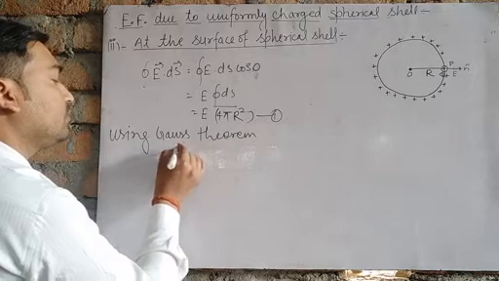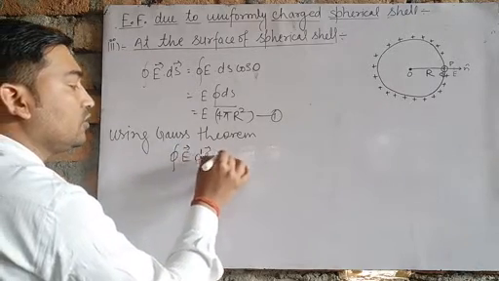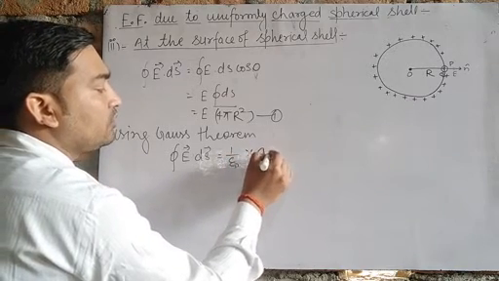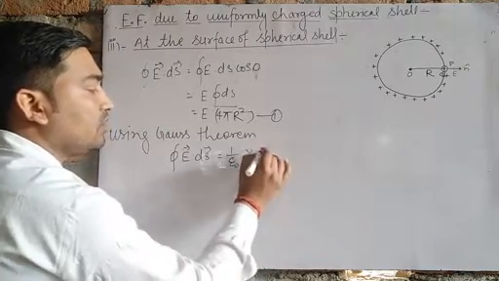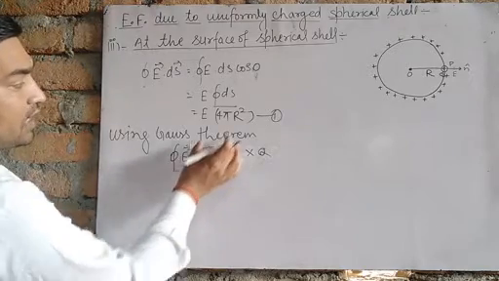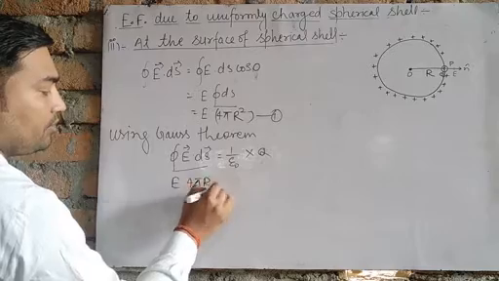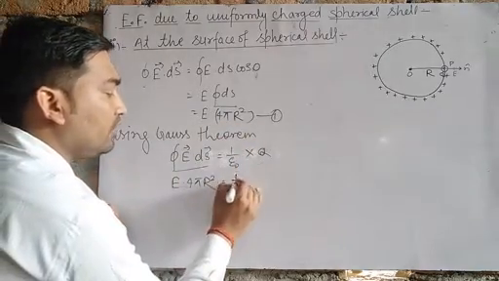Using Gauss theorem, total electric flux is equal to 1 upon epsilon naught times the net charge enclosed, and the net charge is capital Q. Then the value of the left hand side is E into 4 pi capital R square from equation 1, and 1 upon epsilon naught.